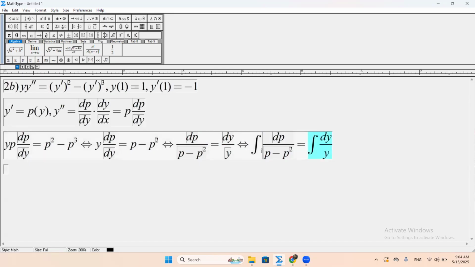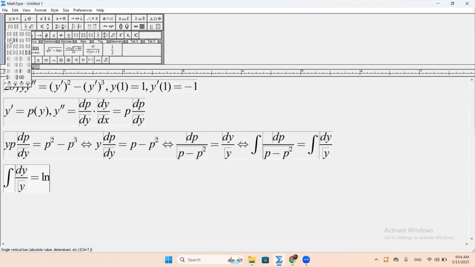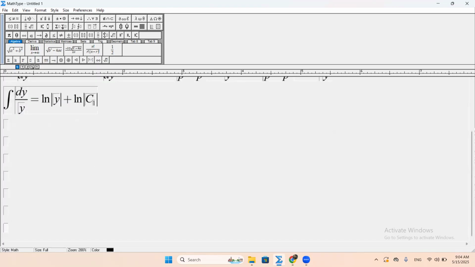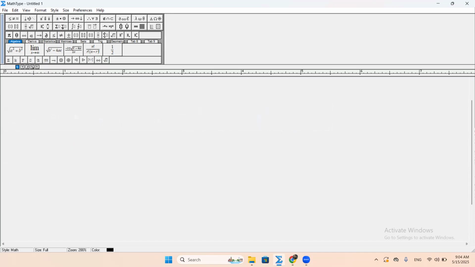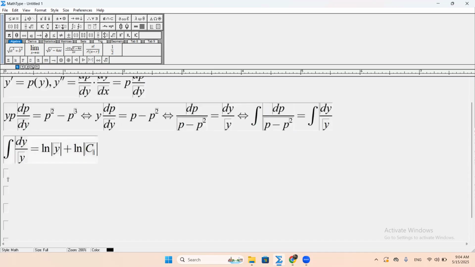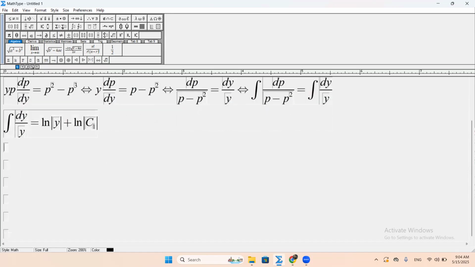So calculating this integral, and we will receive a logarithm of y plus a logarithm of c1. Then calculating this integral. First of all, let us use the method of undefined coefficients for integration.